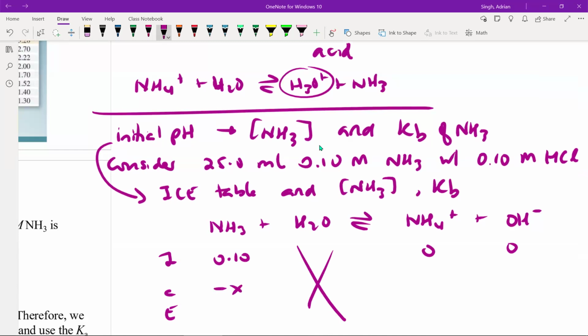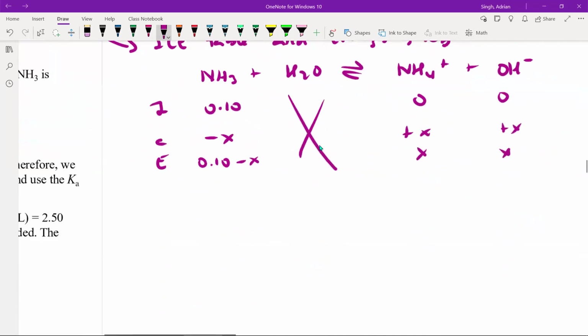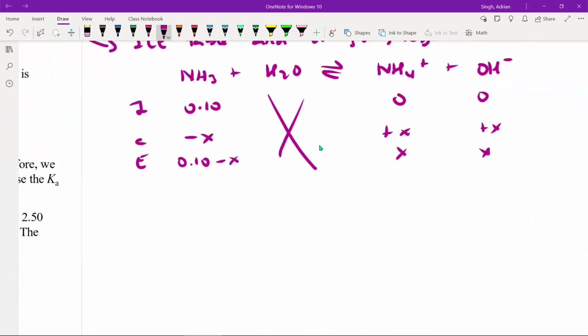We're going to lose X along the way, add X on the products, and then we have our equilibrium concentrations. We've done this lots of times already, and we can solve for X in this case.